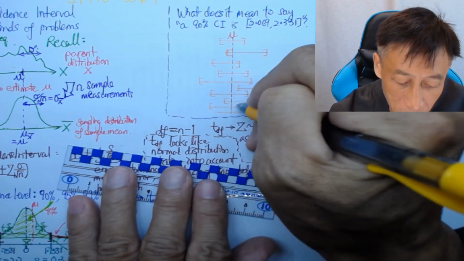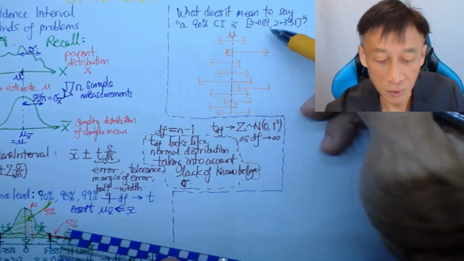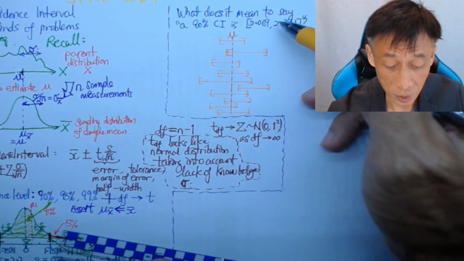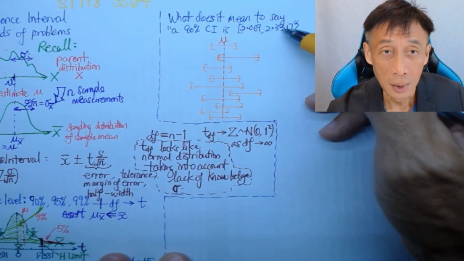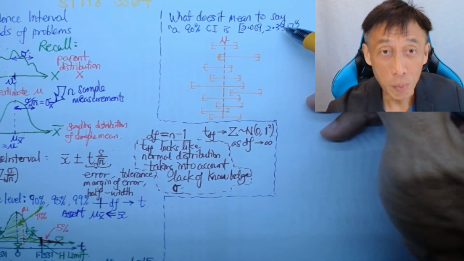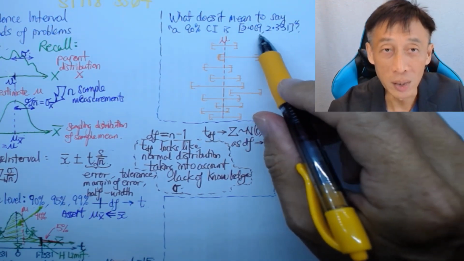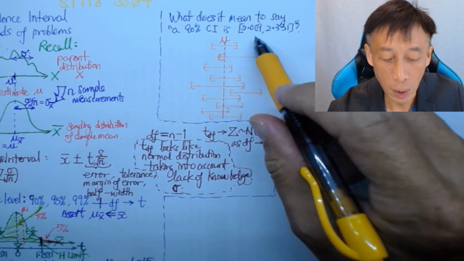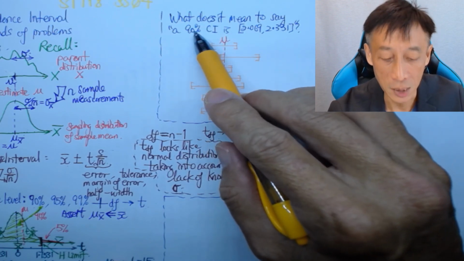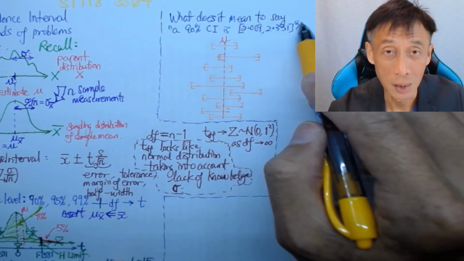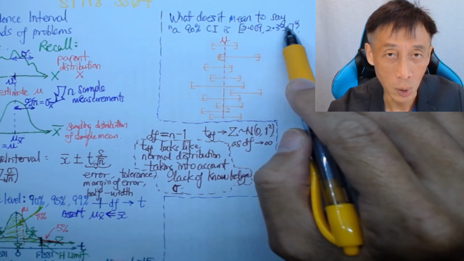When someone tells us, I have a 90% confidence interval and the range is from this to this, obviously, number one, it is trying to tell us the population mean of whatever variable we are interested in lies somewhere between these two numbers. How sure are you? 90% sure. Is there a possibility of error? Yes, a 10% possibility that it could be outside. So I'm way wrong, but unlikely, because I'm 90% sure.